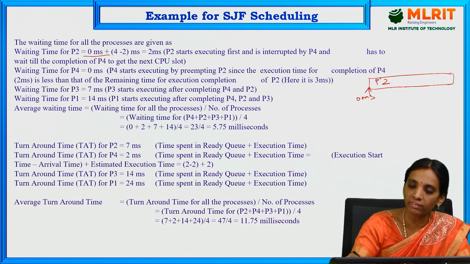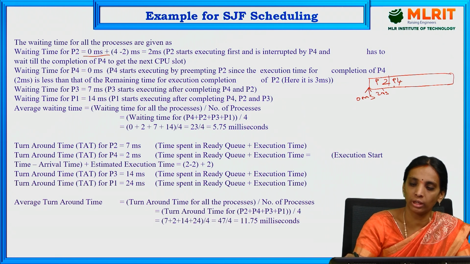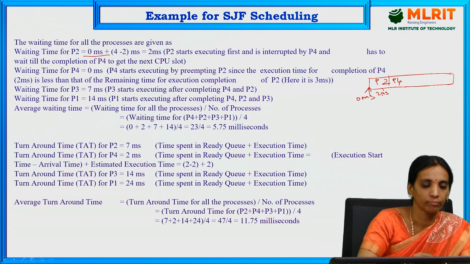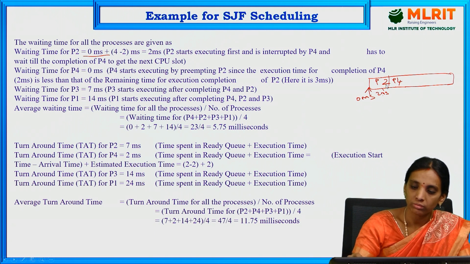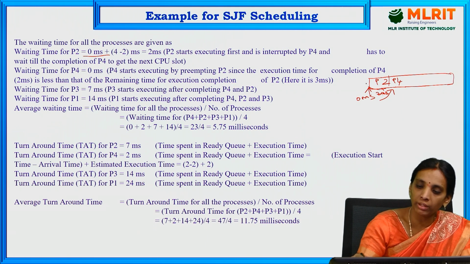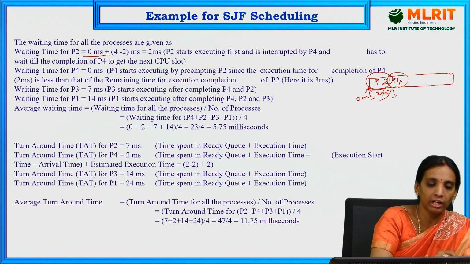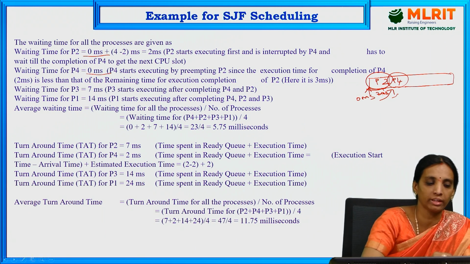After 2 milliseconds of execution of P2, P4 enters into the ready queue and starts immediately by preempting P2. Therefore, the waiting time for P4 is 0 milliseconds only.